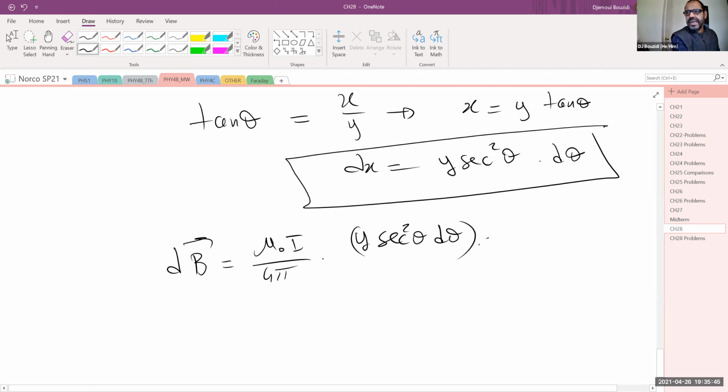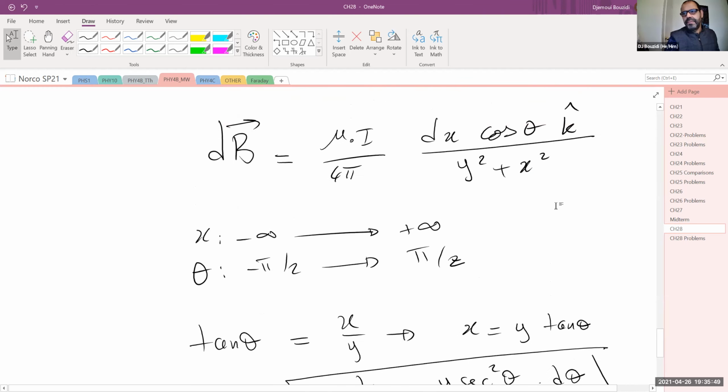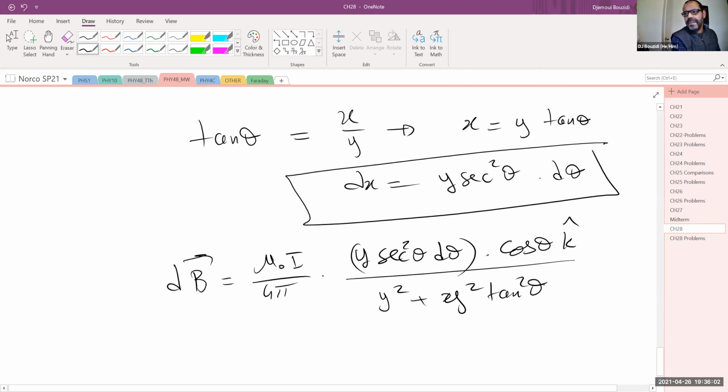That is my dx times cosine theta. I have a cosine theta in here, cosine theta k hat, divided by x squared plus y squared. It's y squared plus y squared tan squared of theta.